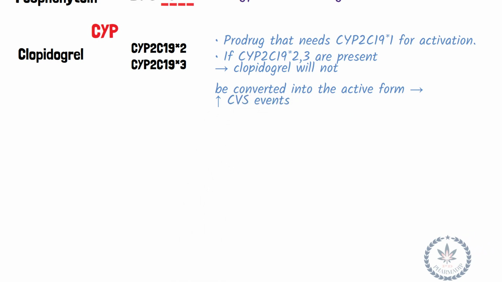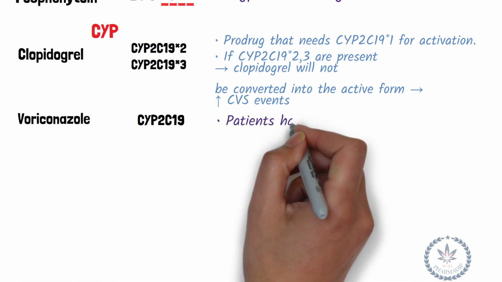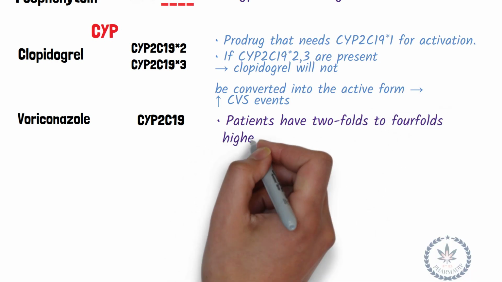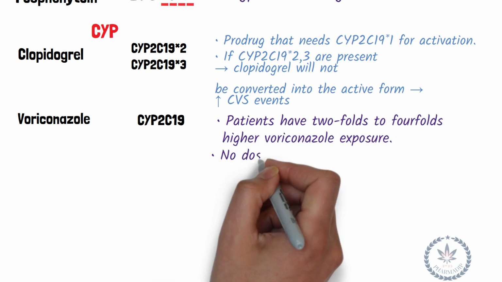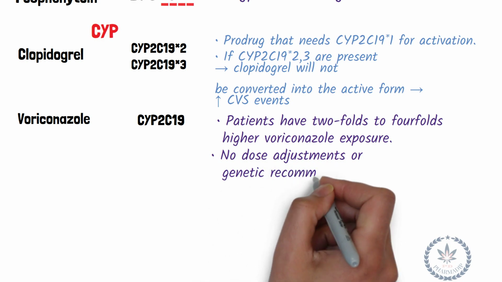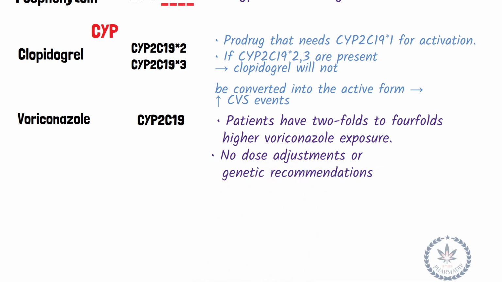Hence, there is increased risk of cardiovascular events due to no antiplatelet effect of clopidogrel. Voriconazole, CYP2C19. Patients with this gene mutation have 2-fold to 4-fold higher voriconazole exposure. However, no dose adjustment is required, or no genetic recommendations. These drugs were specific to CYP2C19.